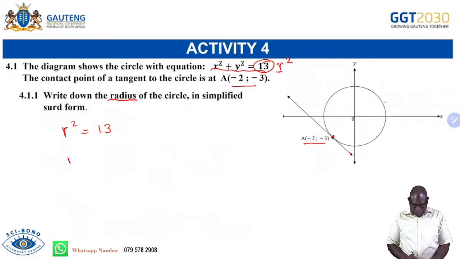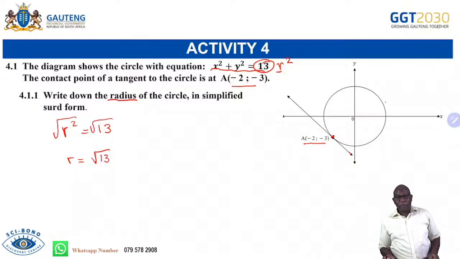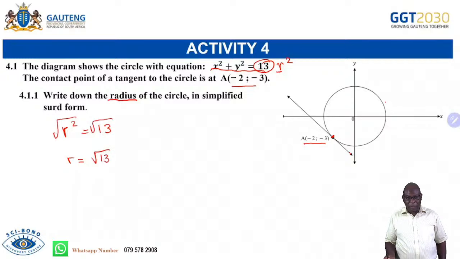So we just take the square root of both sides, and that will be the square root of 13. If you write 3 comma something, then you do not get that mark, because it should be in surd form. So the square root of 13 is in surd form, and we cannot simplify it further.